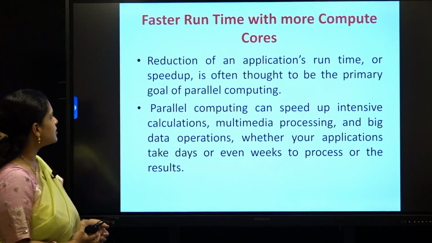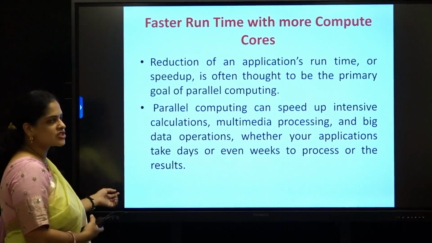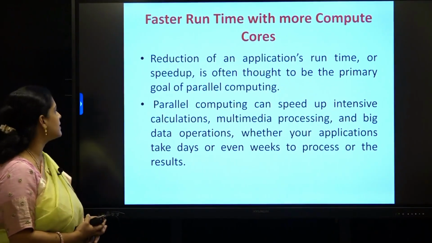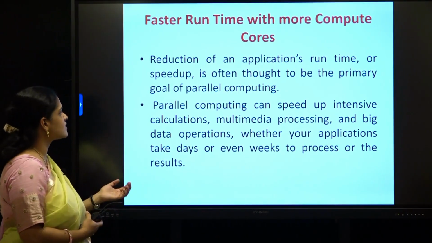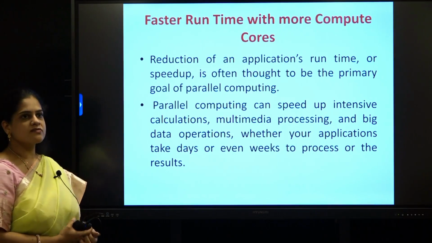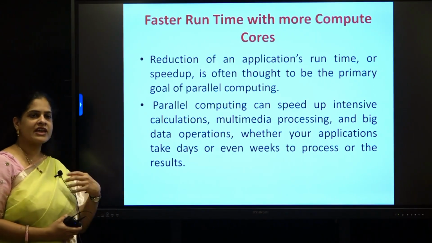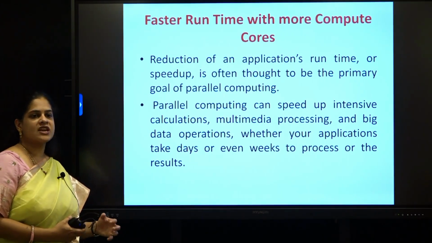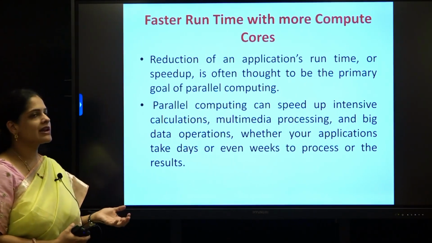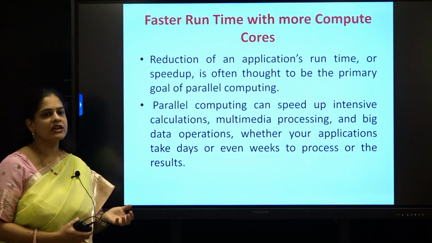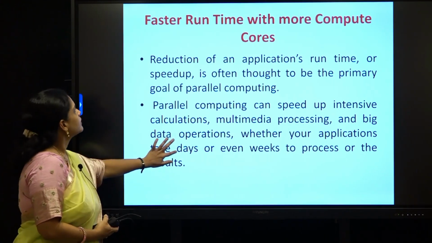So parallel computing can speed up intensive calculations, multimedia processing and big data operations, whether your application takes days or even weeks to process. If you take larger applications which take many days or weeks, they can be implemented with parallel computing or high performance computing in a lesser amount of time.